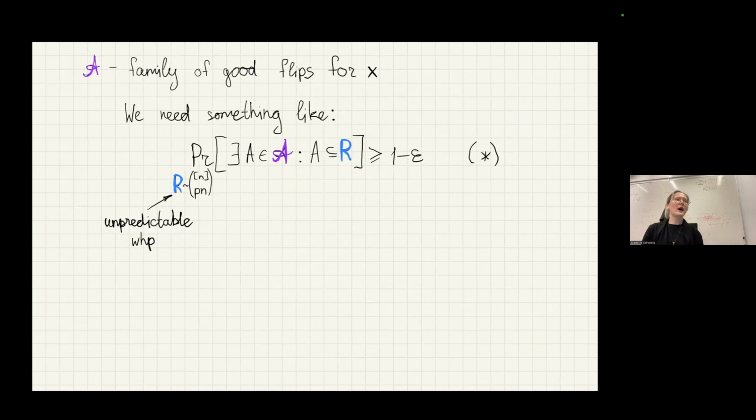Well, it just so happens that this is something very well known and very well studied. This is robust sunflowers. So let me just write this down. A family of sets with this property is called P epsilon satisfying.